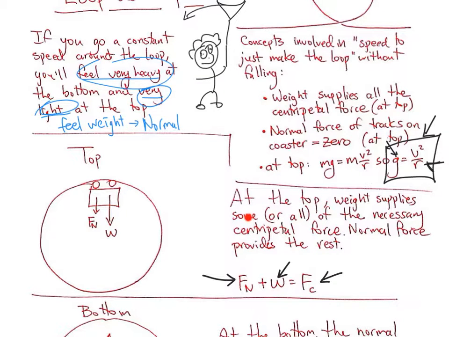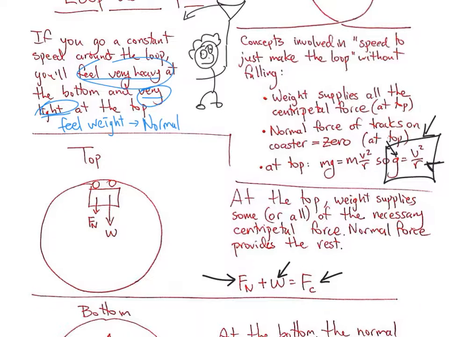And so here's what I say. This is sort of the concept involved. At the top, weight supplies some or all of the necessary centripetal force. Normal force provides the rest. So that is saying in words what this says, but this is the situation at the top.